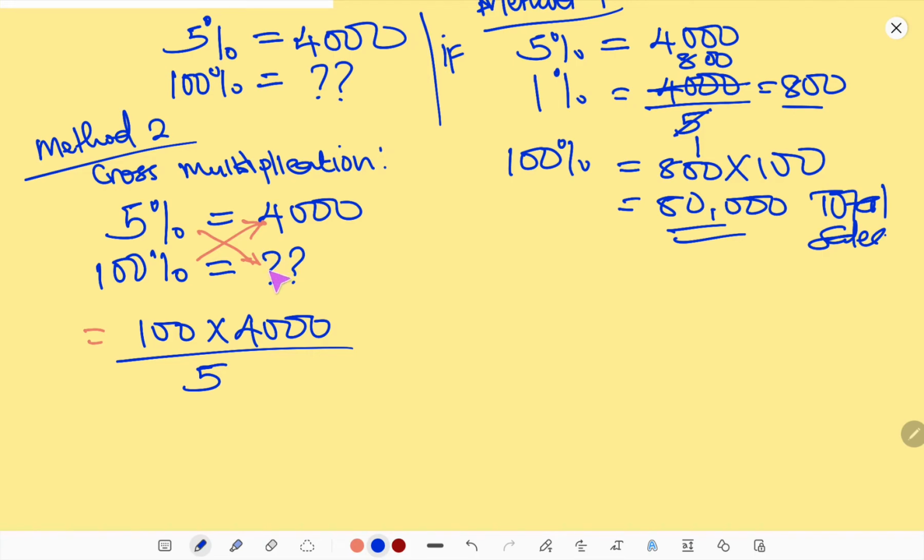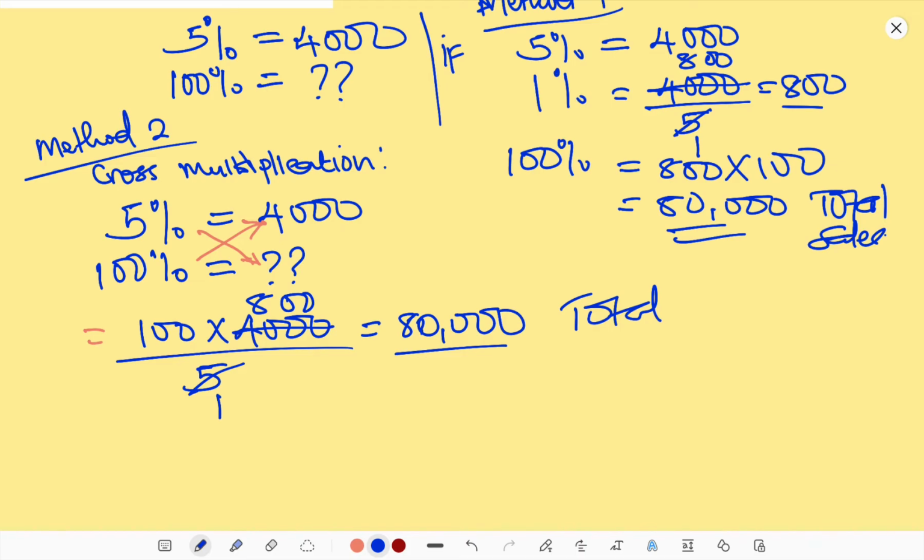Once you divide, you get 800, and once you multiply, you get 80,000. You see, it is the same answer that we got at this point. So step number 1 is done. We know the total amount of sales that they got commission for.